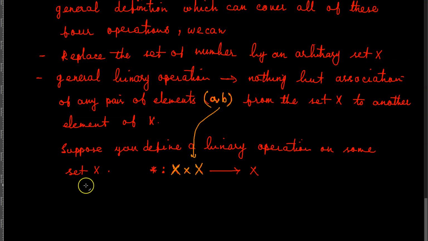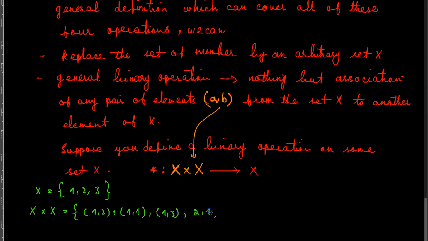and suppose that, for example, the set X is these elements like 1, 2, and 3, right? So then the Cartesian product of X and X would be all of these elements like 1, 1, 1, 2, 1, 3, 2, 1, 2, 2, 2, 3, then 3, 1, then 3, 2, and then 3, 3, right?